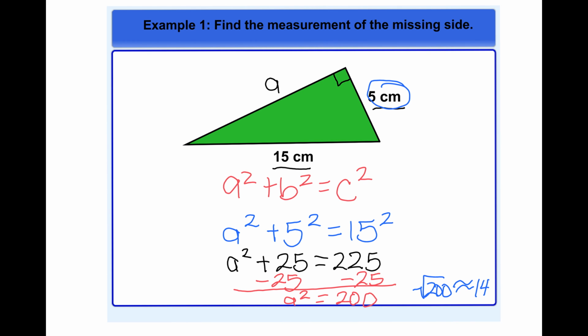So I'm going to say that it's about 14.1, which would make sense because always remember that the hypotenuse is going to be the longest side. And see how my answer for this leg is smaller than that. I always double check and see if that happens, just to check to see if my answer seems like it makes sense.